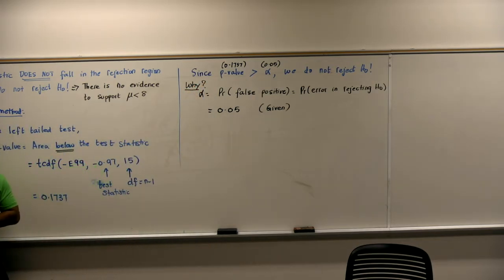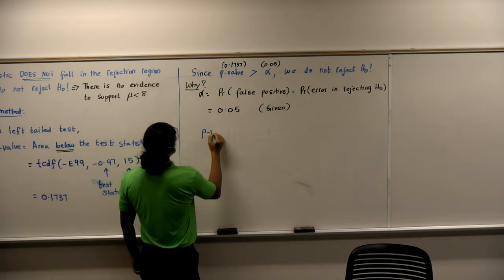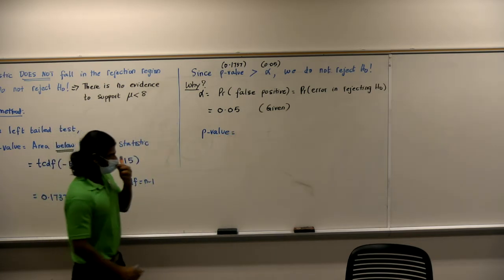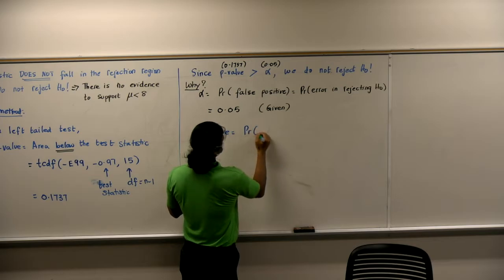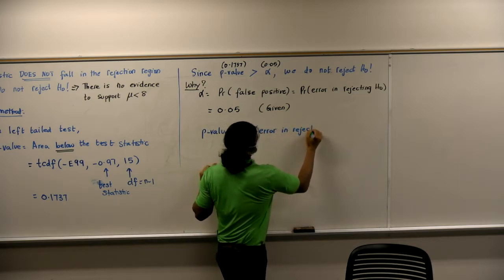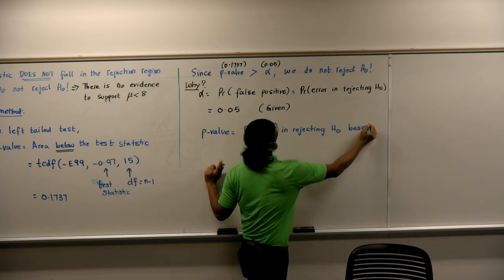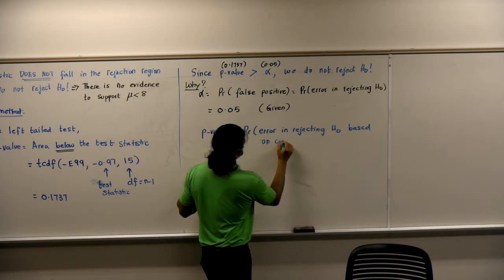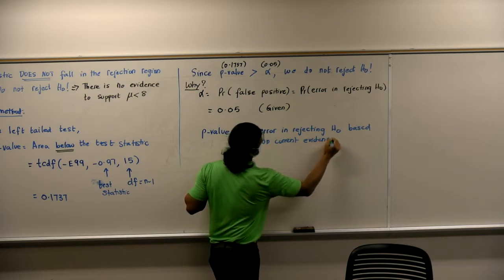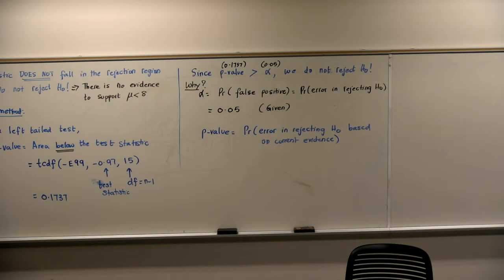So we collected the sample. P-value is the probability of error in rejecting the null based on current evidence.